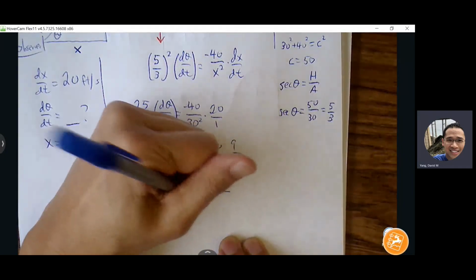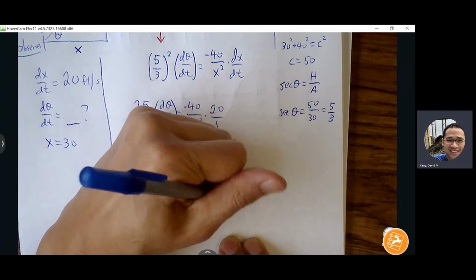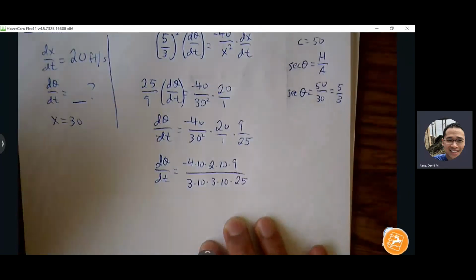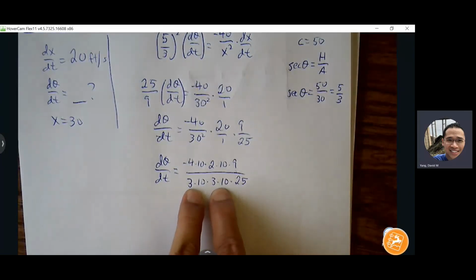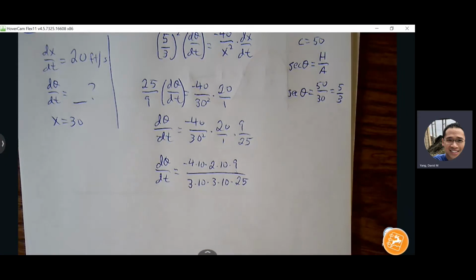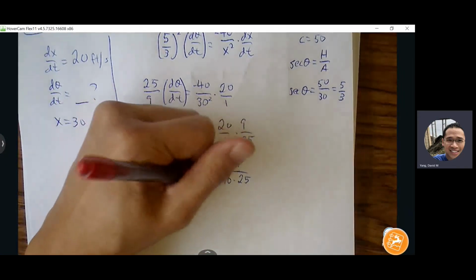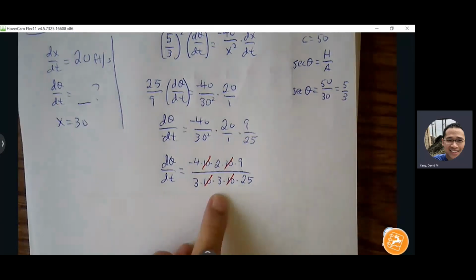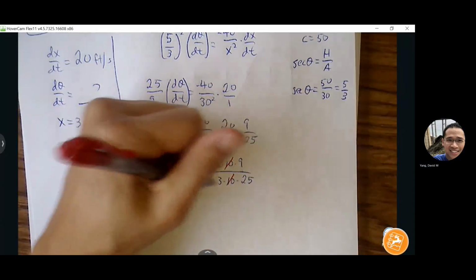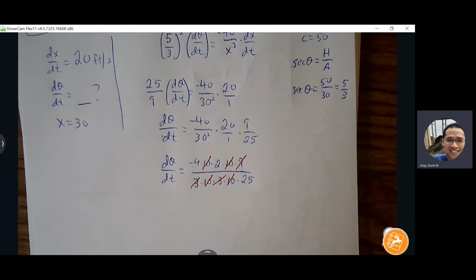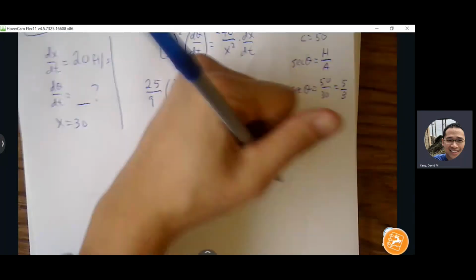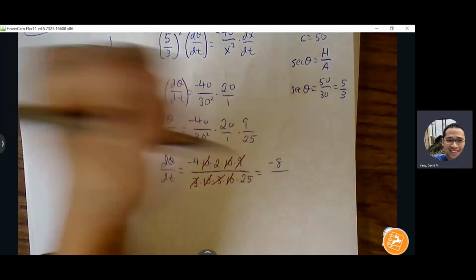If I have a bunch of small numbers, it's easier to cancel out. Right, this is 30, that's another 30, 25. And if I can match numerator and denominator, I can cancel out a whole bunch of stuff. The 10s cancel out. 3 times 3 is 9. So what's left over is negative 4 and 2, which is negative 8.